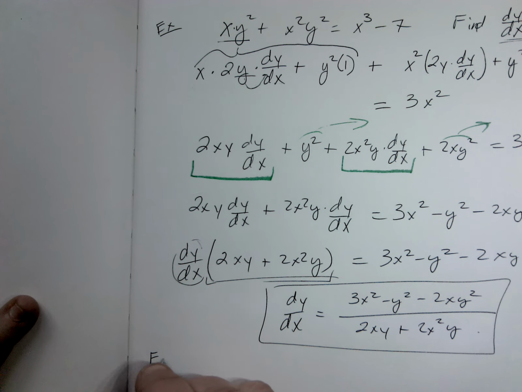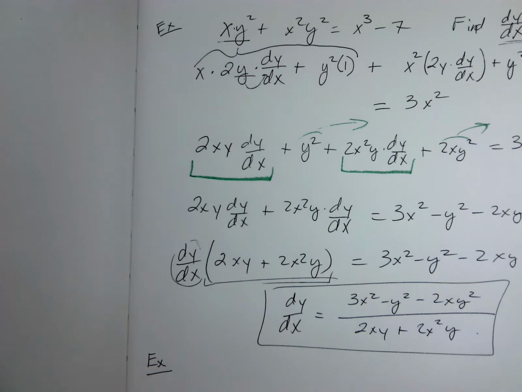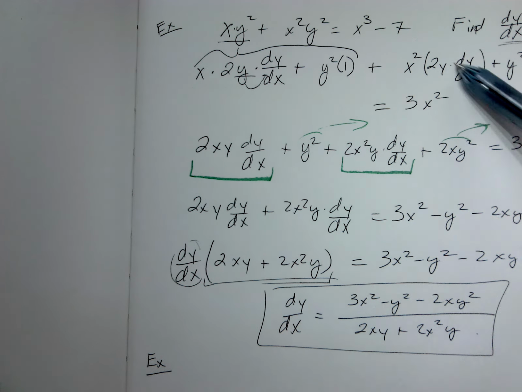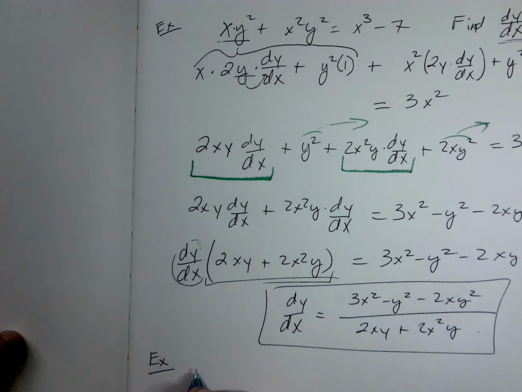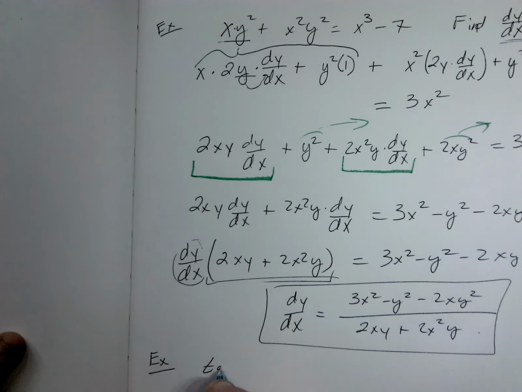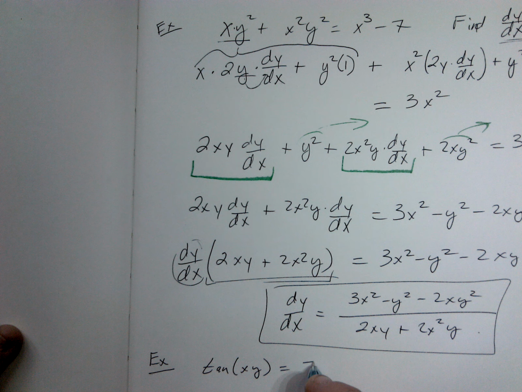Another type that you'll run across is when the x's and y's are inside of another function. Here it was nice. All my dy/dx's stayed on the outside, not inside of parentheses. But I could have something like tan of xy is equal to 7y, let's say.